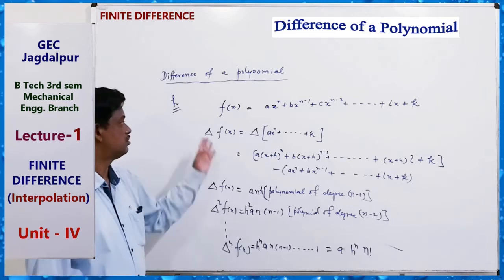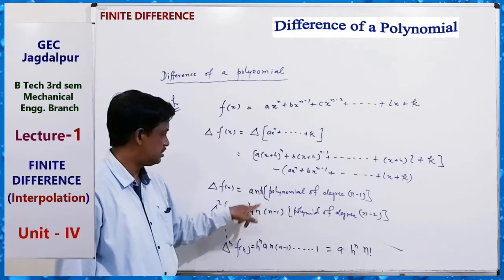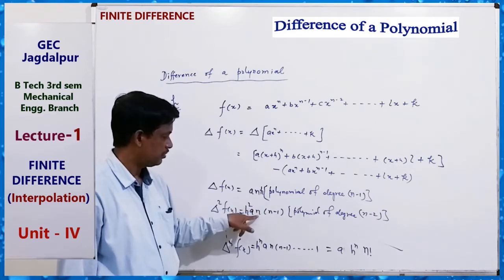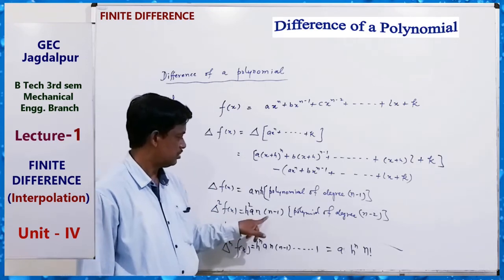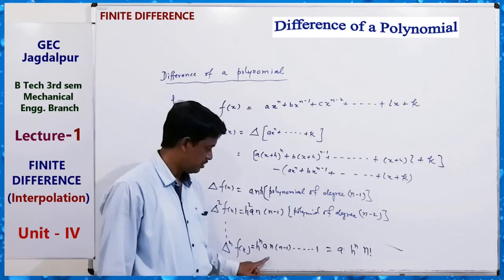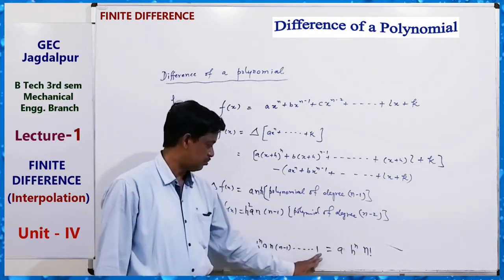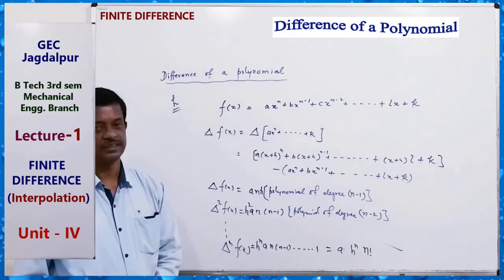Okay, because after 1 time we get like this, then again do 1 time h, 1 time n minus 1 and h cube, n minus 1, n minus 2 and so on up to the nth time. Just we can get from 1 to n, h to the power n. So the nth difference is this.